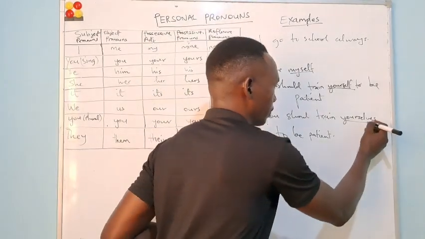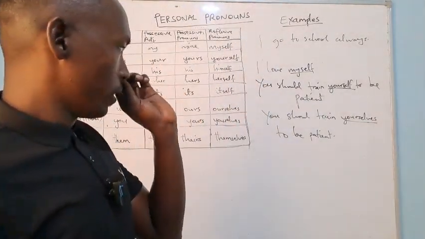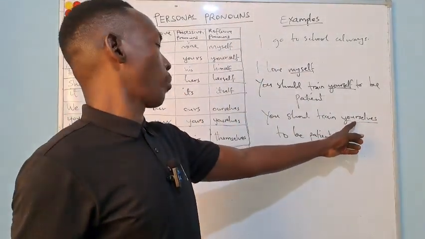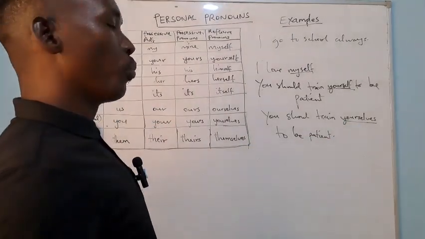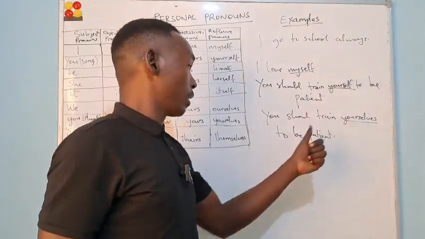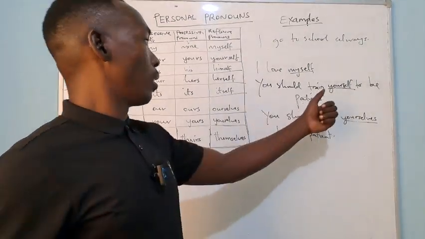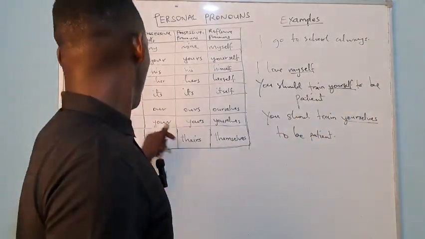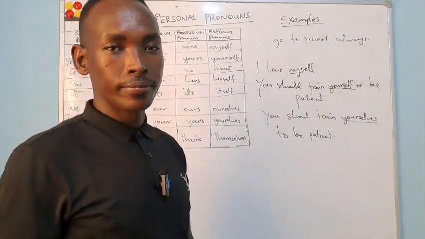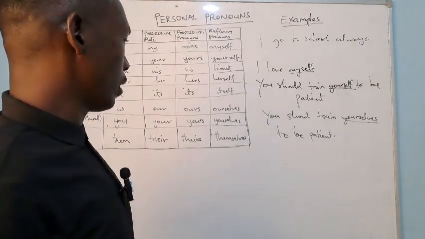This is an example. You see, this is a reflexive pronoun for you plural. Yourselves, you plural. Yourself, you singular. Let us finish by using this they, okay?